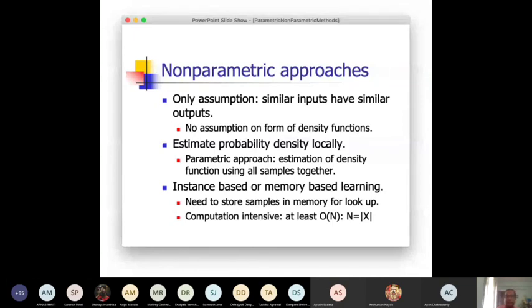So the order will be of the order of the number of instances, which is much larger than the number of classes and number of parameters. In the parametric approach the order is D, or D squared, depending on the number of parameters.